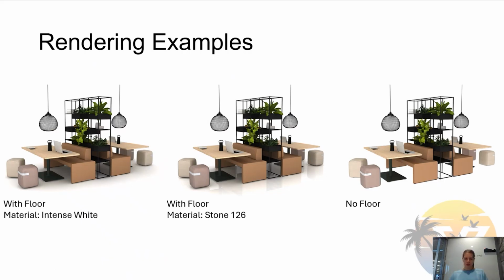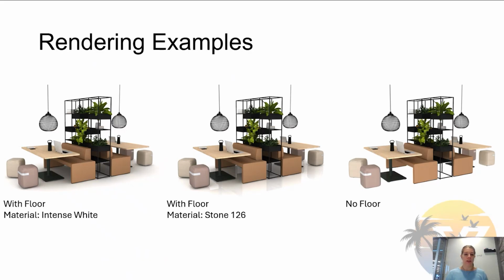When you get to renderings, if you're just doing a white space rendering, I recommend keeping the floor turned on, just because I think it grounds the typical a little better. I am showing a few different options here with that white space.